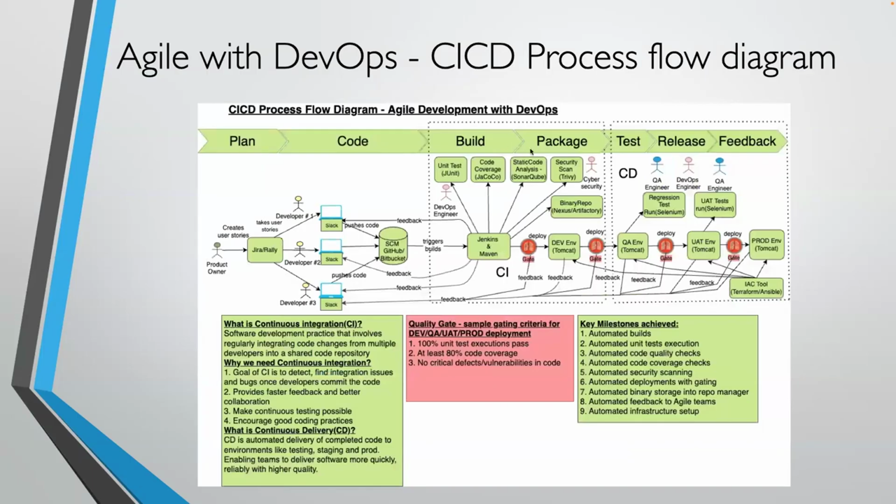Which is nothing but continuous integration. And then we will also go ahead and implement continuous delivery as well. First, let's start with the CI, and then we will implement CD later on. So what is CI? CI stands for continuous integration. As soon as code is committed by developers into a common repository, you have an automated build running, right?